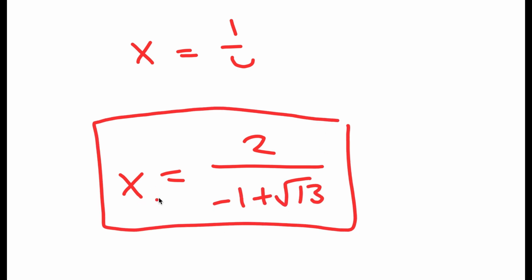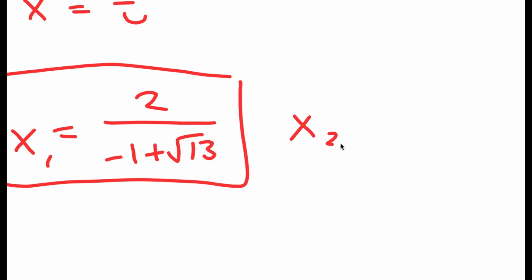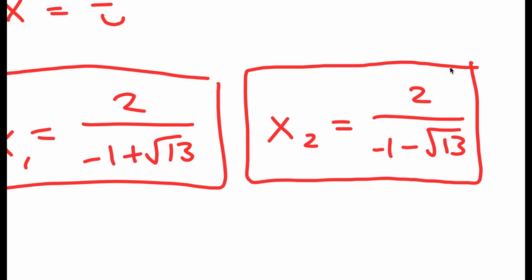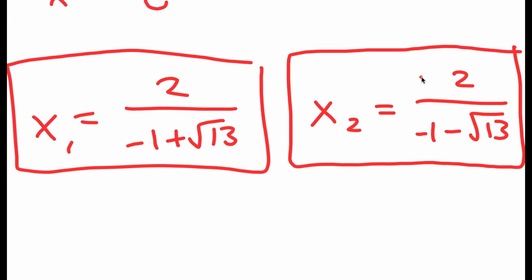So this is one value of x, and x is also equal to 2 over negative 1 minus the square root of 13. So these are my two values of x.